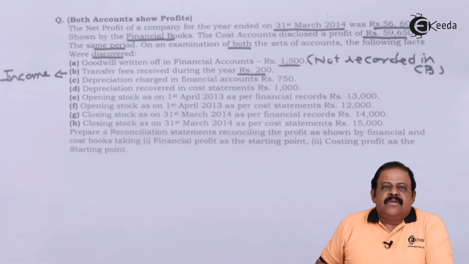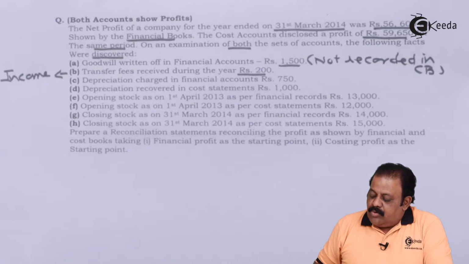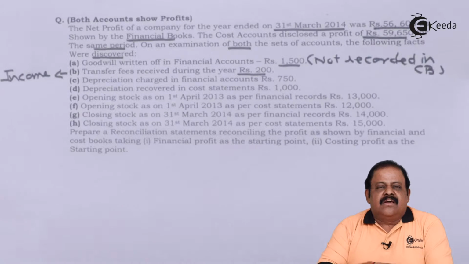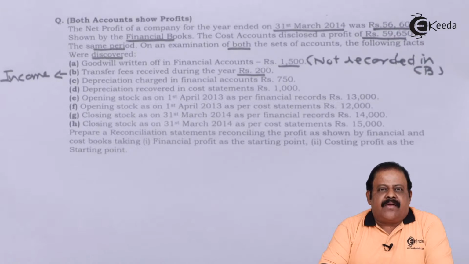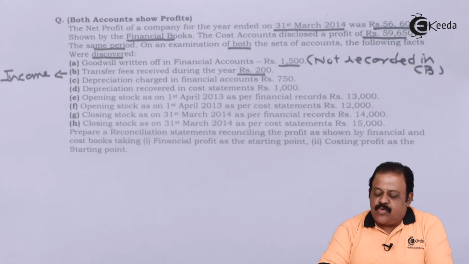This is income which is recorded only in financial book. Transfer fees means here share transfer fees received by the company. When shares are transferred from existing shareholder to the new shareholder, company takes transfer fees, which is an income for the company, which is recorded in financial book, but it is not recorded in cost book.